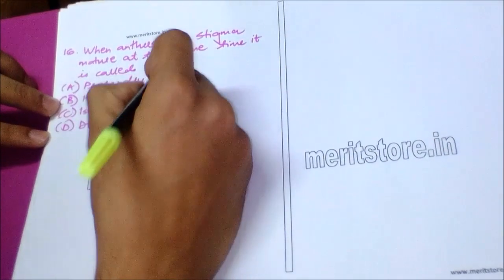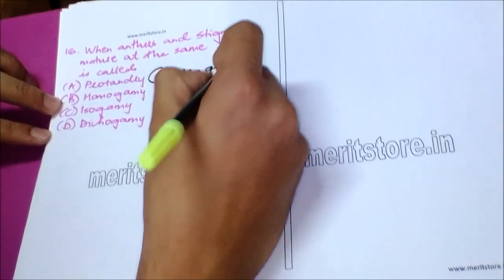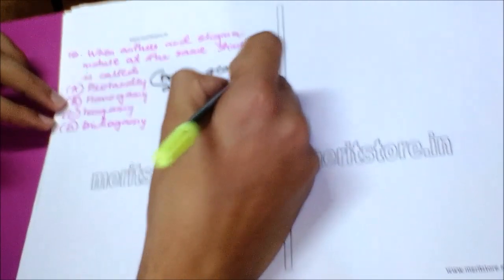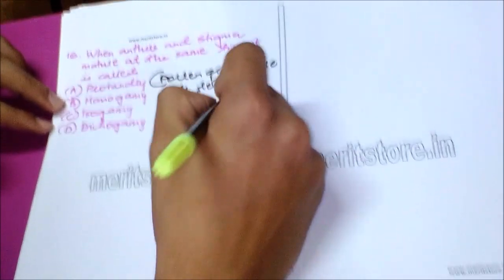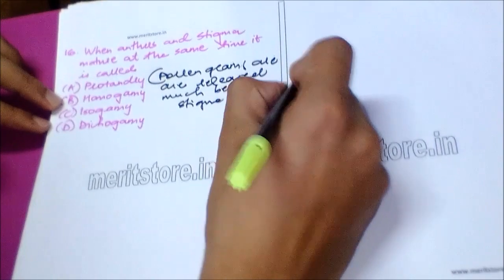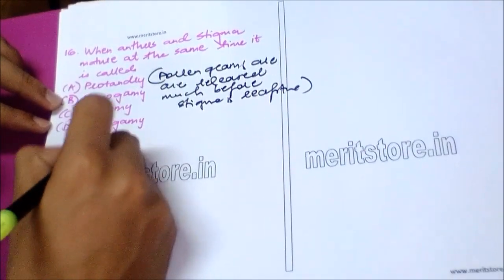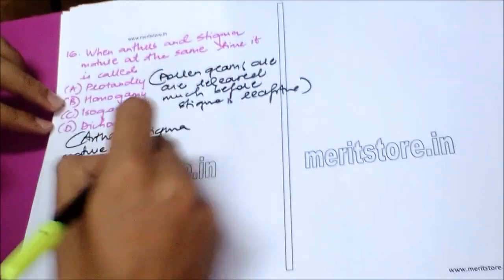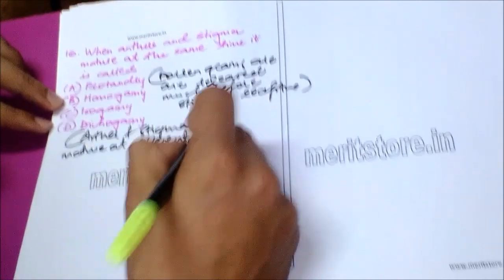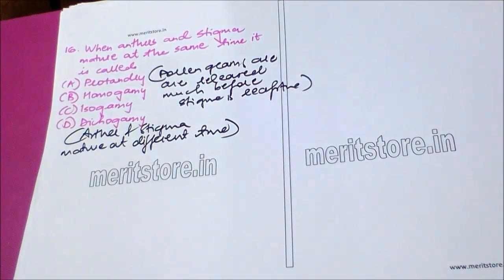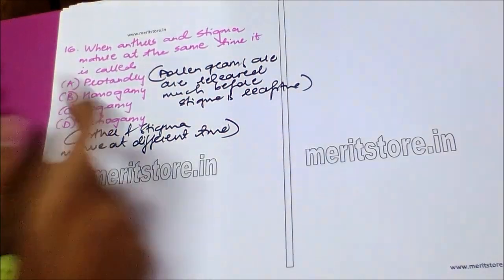Protandry is the case wherein pollen grains are released much before the stigma becomes receptive, and in dichogamy both the anther and stigma do not mature at the same time, they mature at different times. However, in case of homogamy, both the anther and stigma show maturation at the same time, and thus the answer to this question is option B, which is homogamy.